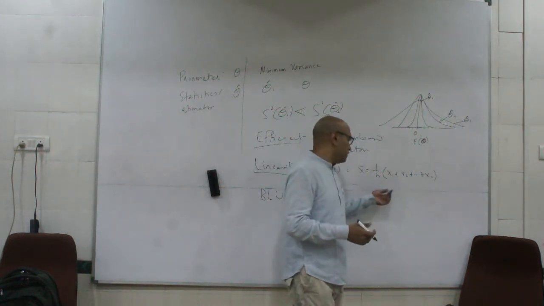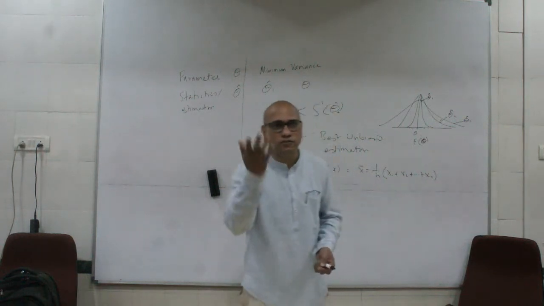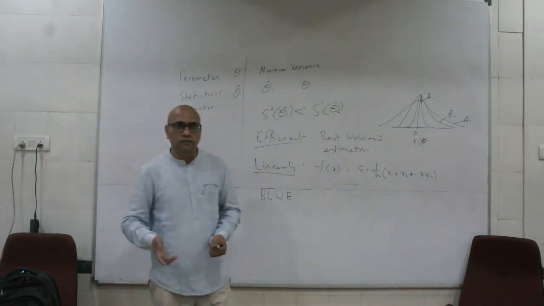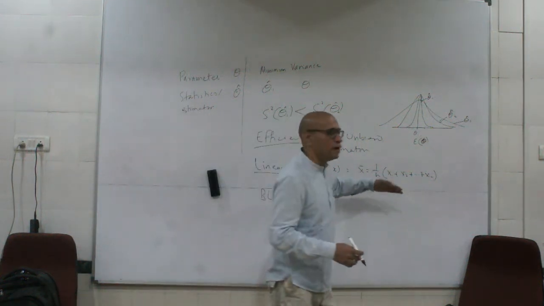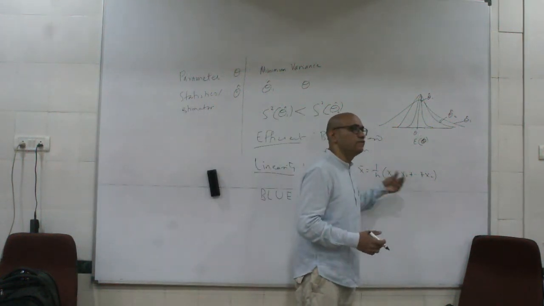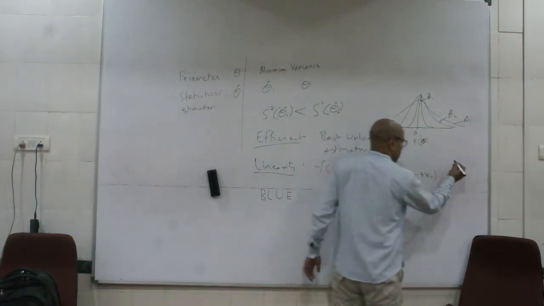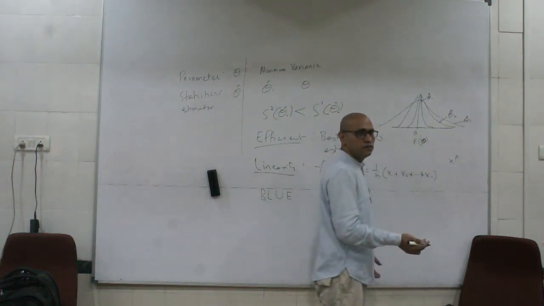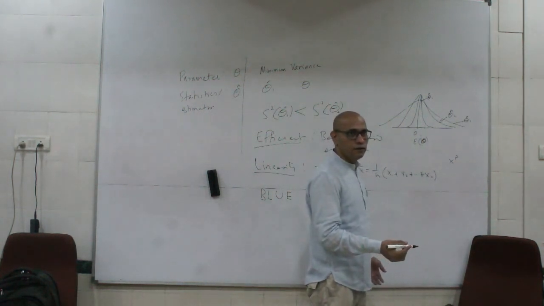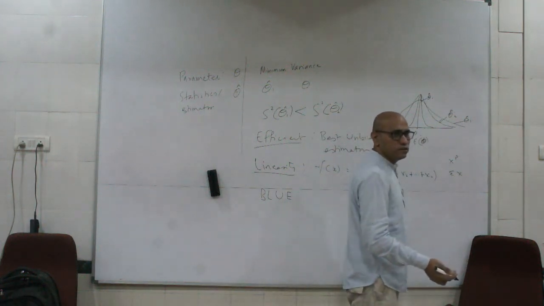A function f of x is a linear function if on a graph it is on a straight line. So what you need to actually look at is whether f of x, that is giving you theta hat, is a linear function. Say for example, x raised to p is not a linear function, right? But sigma x is a linear function.